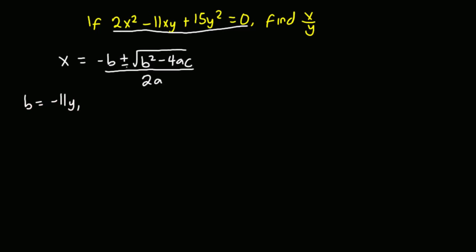Now, what is a in this equation? A is the coefficient of x squared. So we can say that a is equal to 2. And what is c? C in this case is 15y squared.